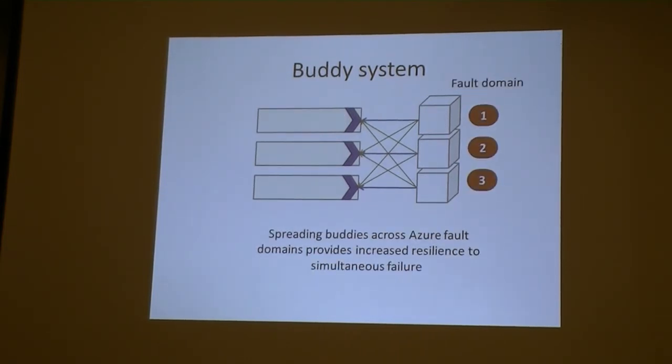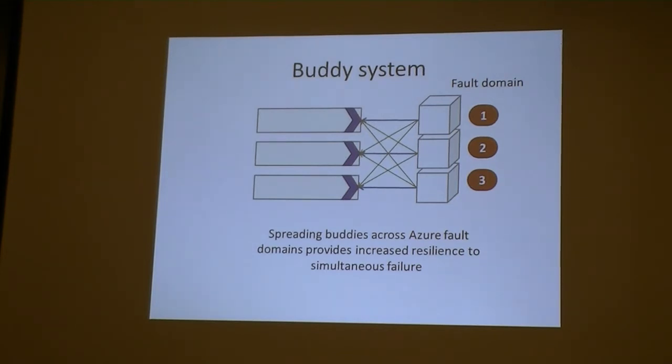One approach to mitigating this problem of simultaneous failure is to use an Azure feature called fault domains. Fault domains expose information about the probability of simultaneous instance failure. What that means is that if two instances are in two different fault domains as reported to us by Azure, then they're likely not to be in the same, for example, physical rack in the data center, and therefore will probably not be affected by a single point of failure.